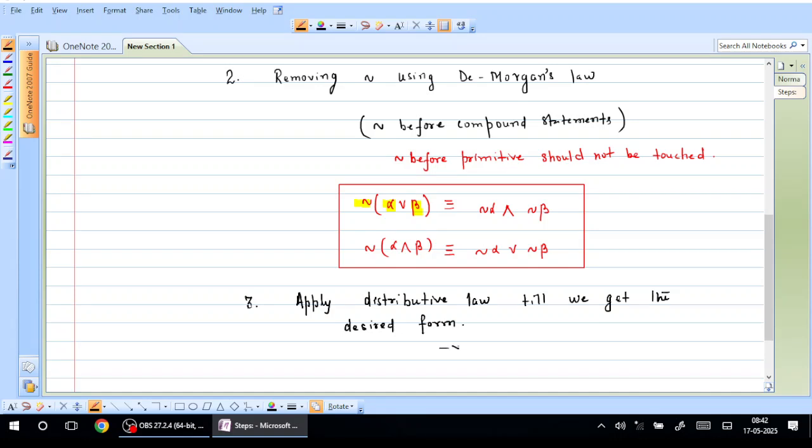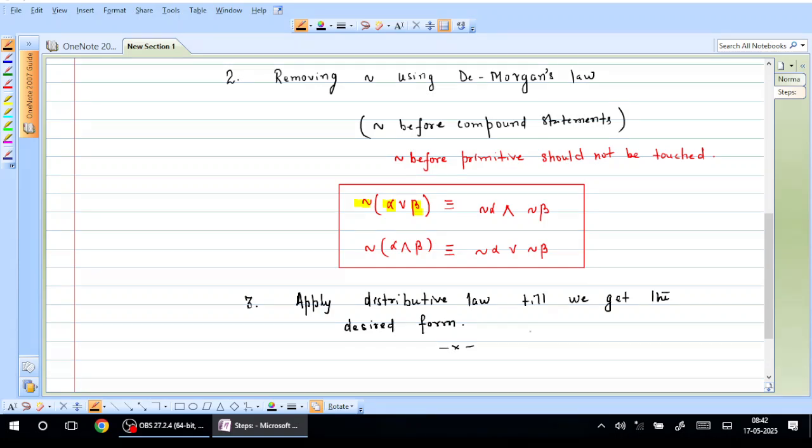Right? So these are the only three steps, and I have covered entirely all the things which are necessary to convert into DNF or to convert into CNF.